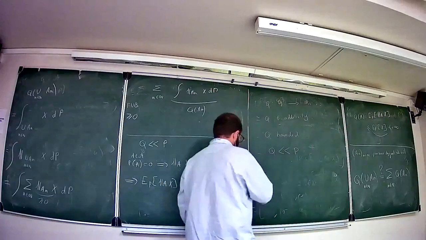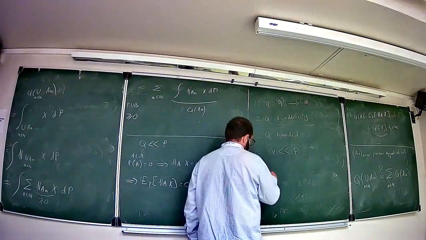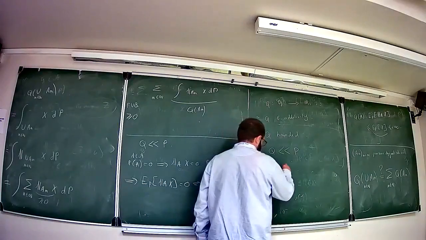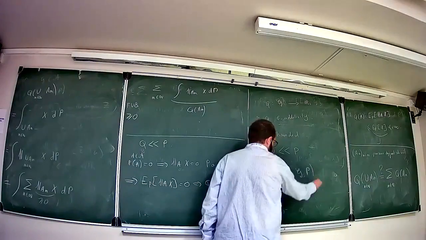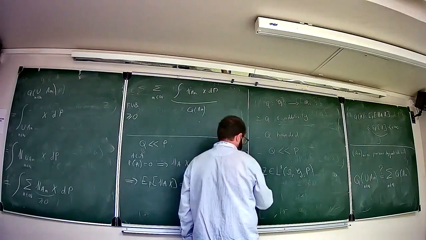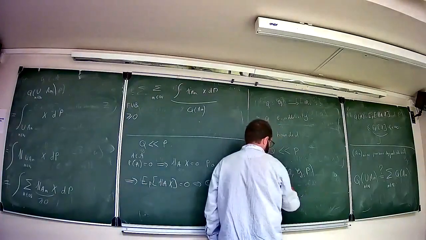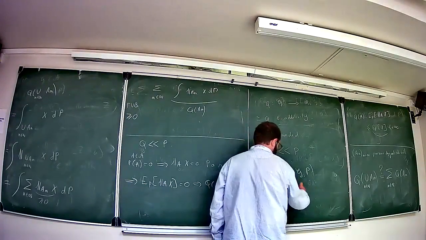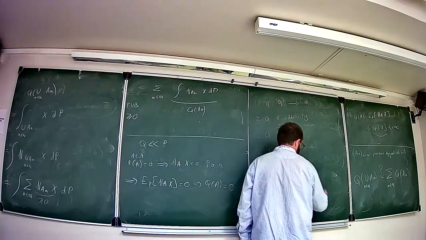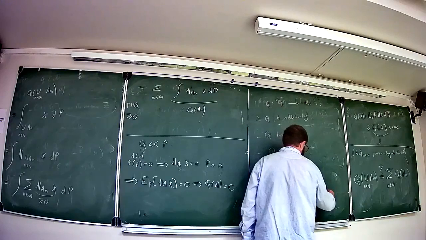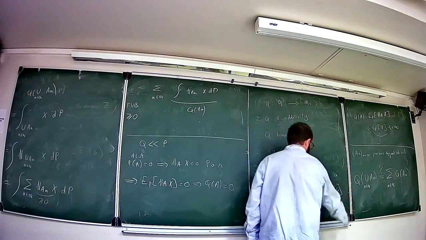The Radon-Nikodym theorem tells you that there exists Z belonging to L1 of omega, J, P such that for all J belonging to calligraphic J, Q of J is equal to the expectation under P of Z indicator function of J.